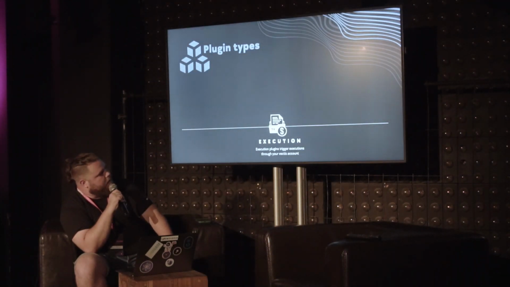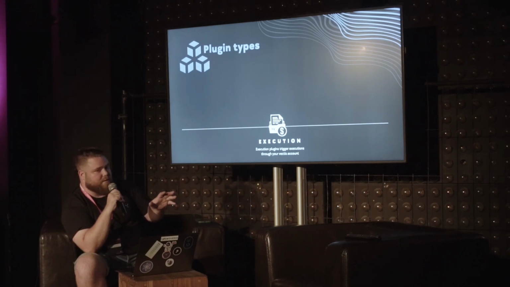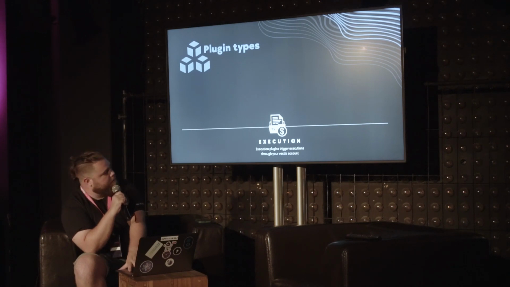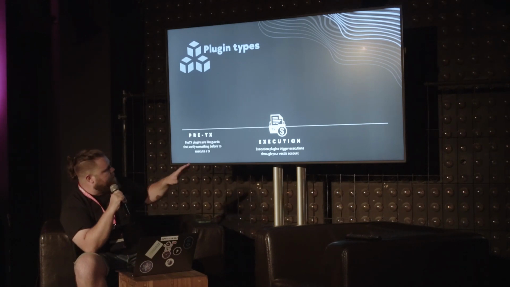So I'm explaining the different kinds of plugins. We have the execution one. The execution plugin just triggers, like, executes a transaction through your Vectis account. This is the simplest one.